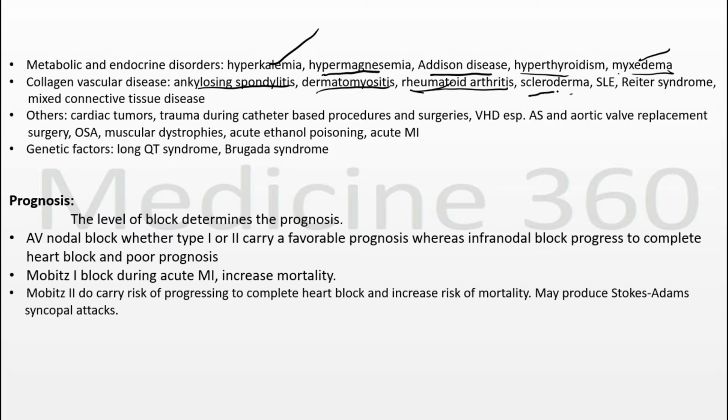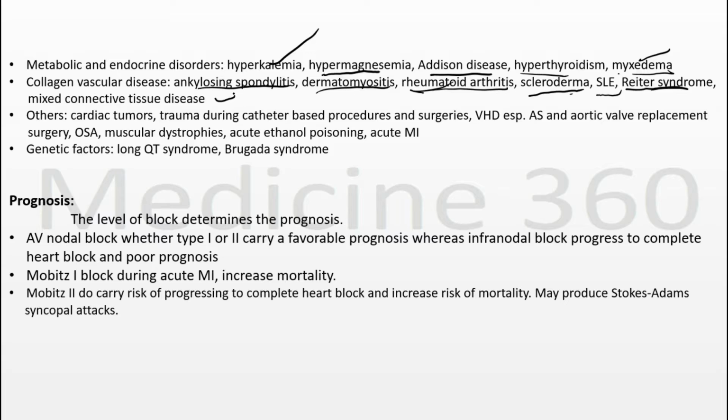Scleroderma and systemic lupus erythematosus, which are also autoimmune disorders. Reiter syndrome, an autoimmune disorder mostly after infections like Shigella and Salmonella, which can lead to arthritis, urethritis, and conjunctivitis. Then there is mixed connective tissue disease.